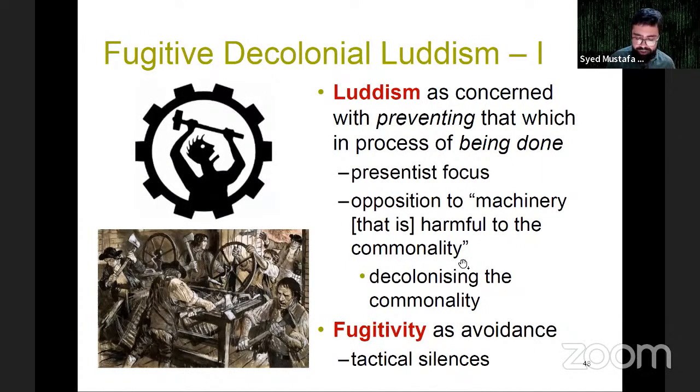Grounded in the historical precedent of 19th century Luddite opposition to machinery harmful to the commonality, yet reorienting the commonality along decolonial lines, and with a fugitive commitment to keeping silent about that which cannot, should not be spoken, that is, made public, this position entails a commitment to intervention, including destructive and possibly violent social material intervention, with a view to preventing the totalizing digital colonization of the life world.